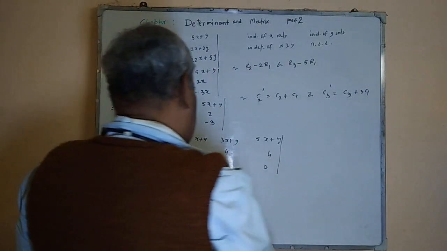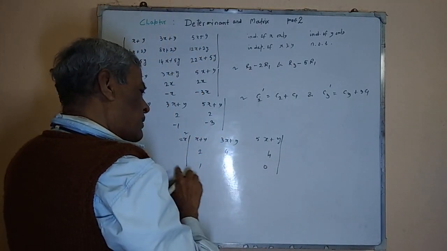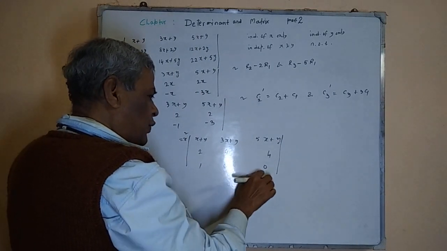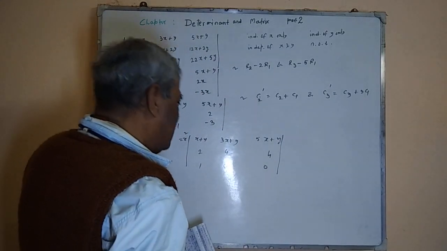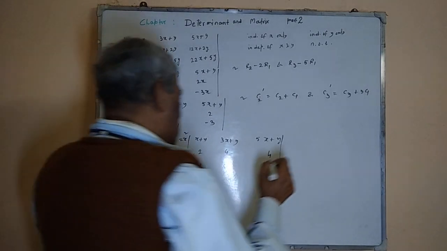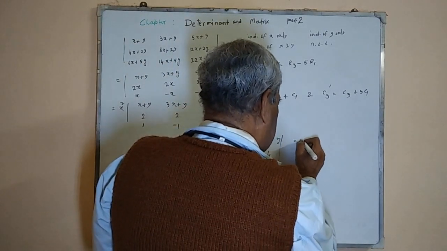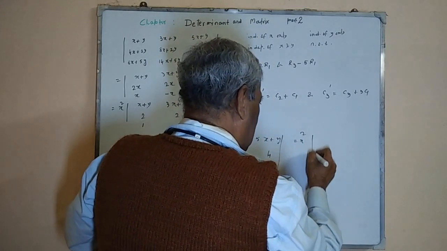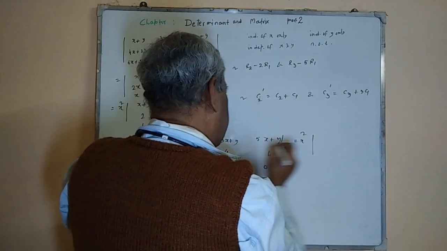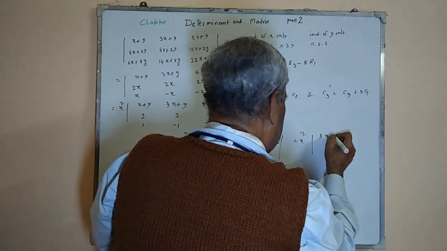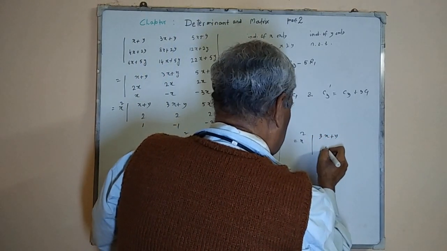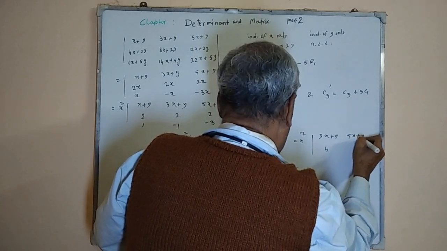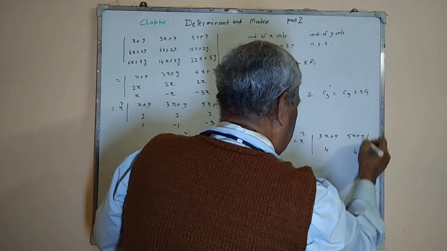So that I get in third row, one element is non-zero, other two is 0. So expand with that row, we get x square into 1 into the corresponding determinant 3x plus y, 4, and 5x plus y, 4.